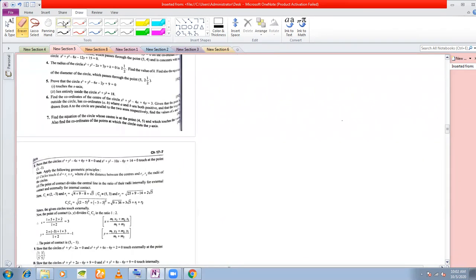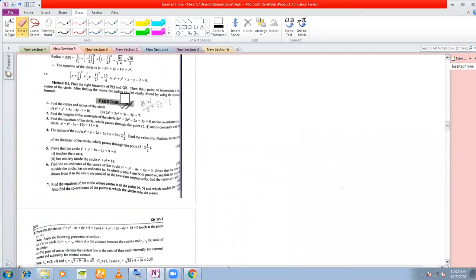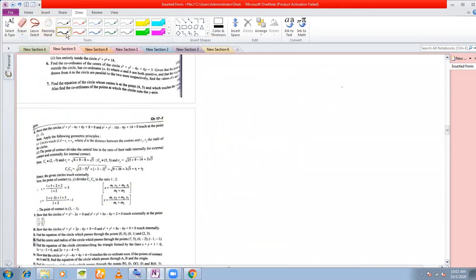They can touch each other either externally or internally. I just want you to recall what you had done earlier in class 10. If you have two circles touching externally, then they look something like this.